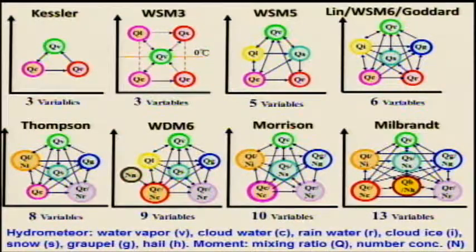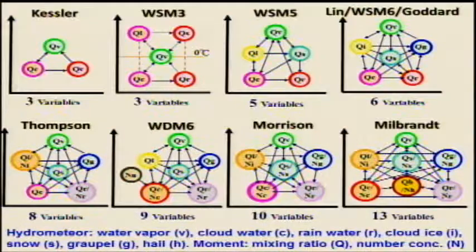But as we know, the number concentration is very important, especially for radiation calculation or calculating the rain formation efficiency. You need to know the information on size, and size you can get from numbers. So the more updated versions of the parameterization include the numbers here.